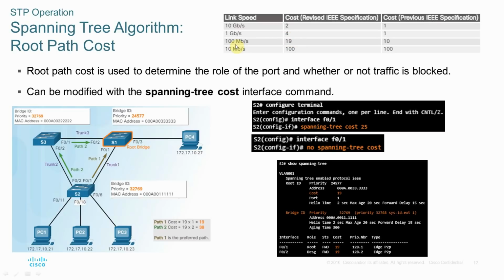If it is 100 Mbps Fast Ethernet, the cost will be 19. If it is 10 Mbps, the cost will be 100. So look at this example based on this table.